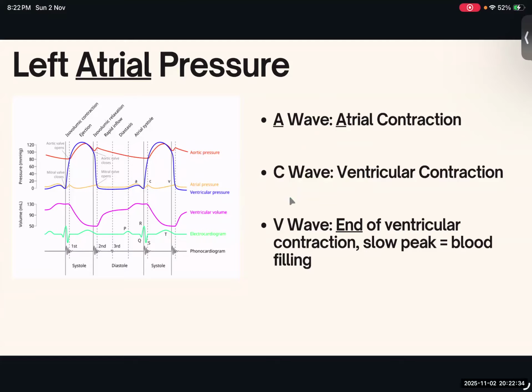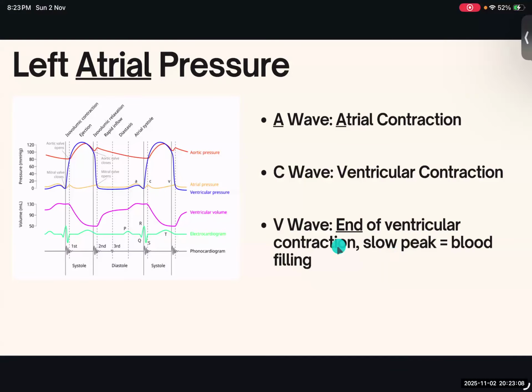Why does ventricular contraction raise the pressure inside the atrium? Because everything is interconnected. Once the ventricle squeezes strongly enough, that's going to put pressure on the atria itself. Think about the anatomy of it all. It's going to squeeze the atria, thus increasing the pressure. We see a very quick bump in the atrial pressure. And then finally, this slow increase in atrial pressure is going to be the V wave, or the end of ventricular contraction.